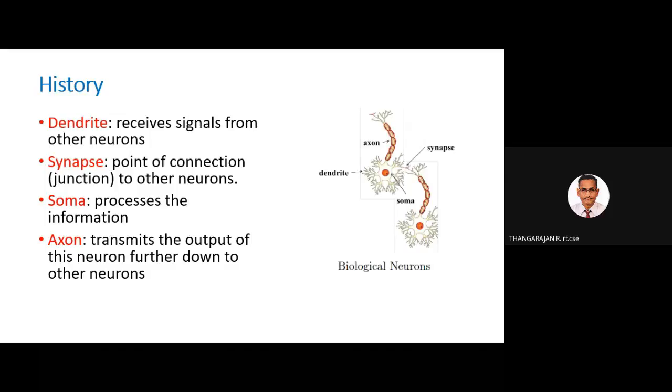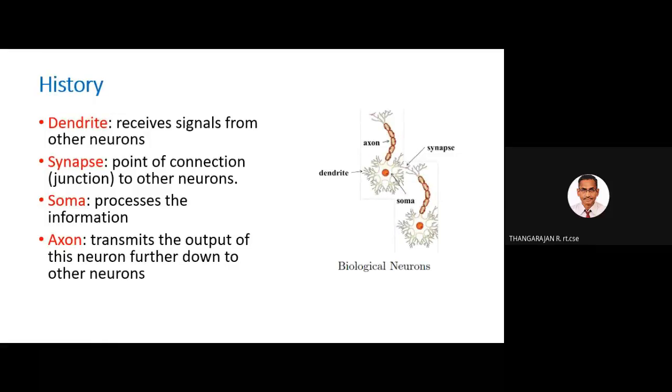The cell body is connected to all its neighbors using dendrites. Dendrites are hair-like structures which connect to the cell body, or soma. Dendrites receive signals from neighboring neurons and pass this information on to the soma.